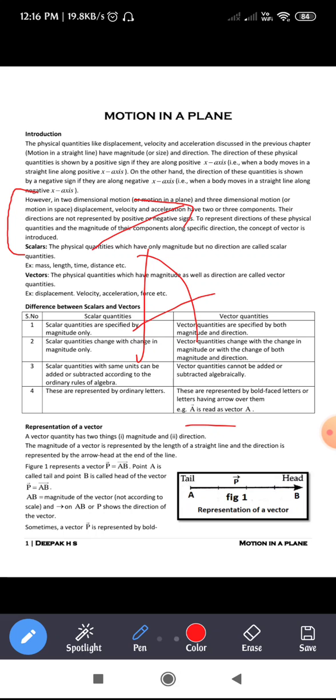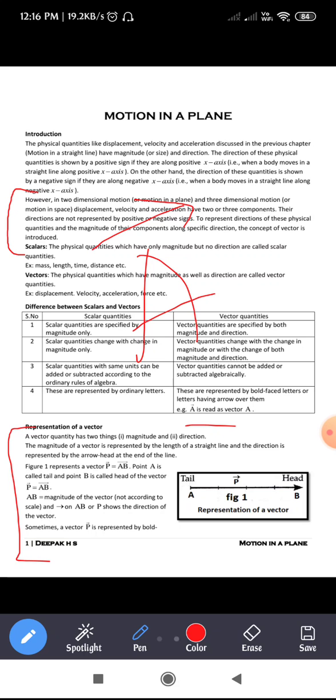So how are we going to represent a vector? Here I'll just read out. To represent a vector you need to know two things. One is magnitude and the other one is direction, as you know, right? The magnitude of a vector is represented by the length of a straight line and the direction is represented by the arrow head at the end of the line.